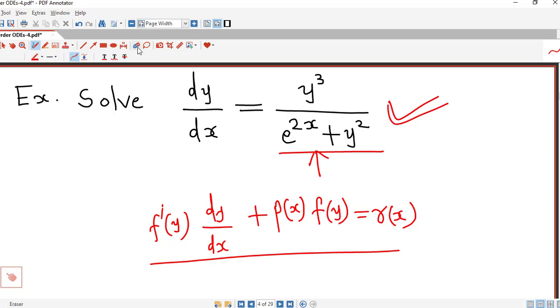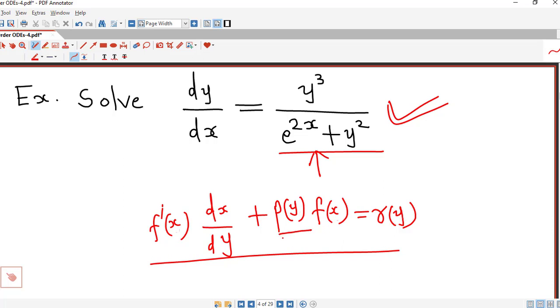So instead of converting to this form, we will interchange the roles of x and y. We will consider dx by dy and try to convert our differential equation into this form. Here I consider f(x) equal to r of y.